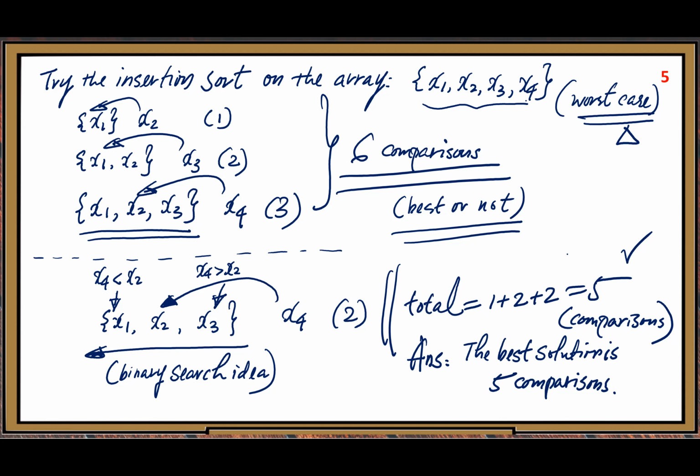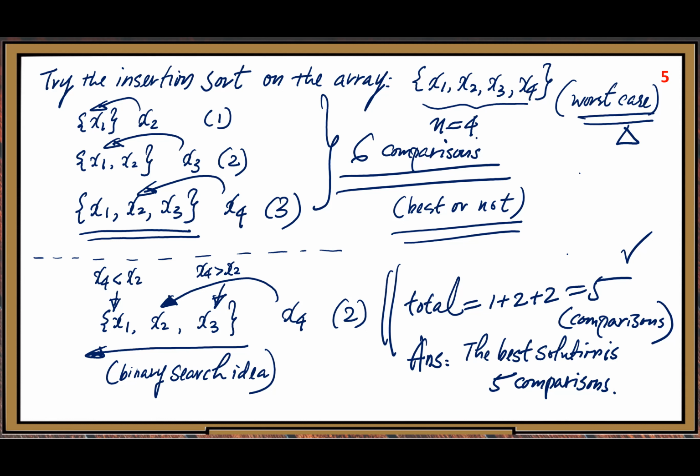We have n elements, so the given array has n elements. Here our n equals 4. Then there is a lower bound we can calculate.